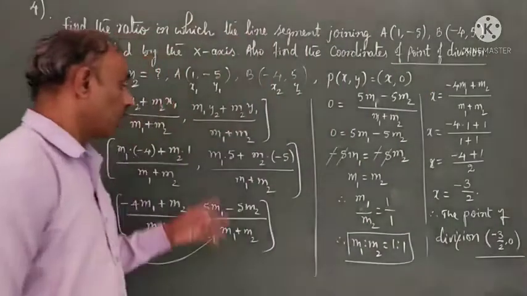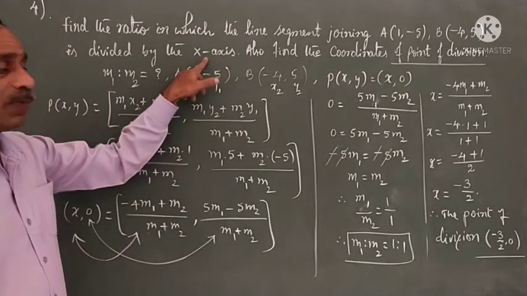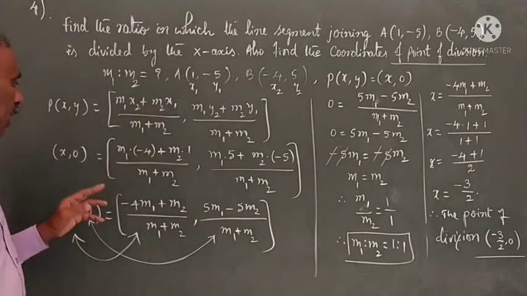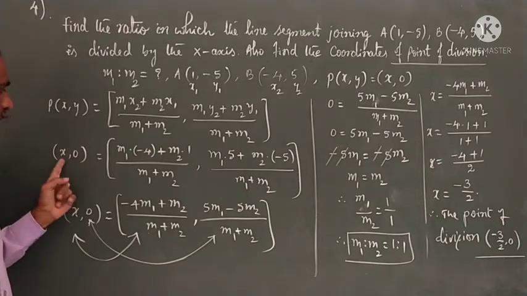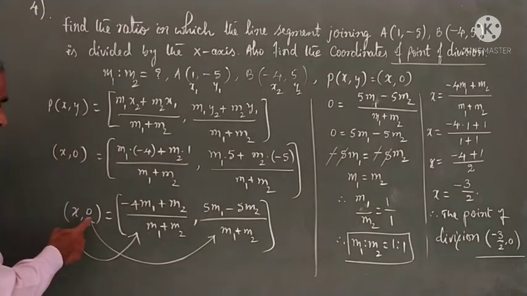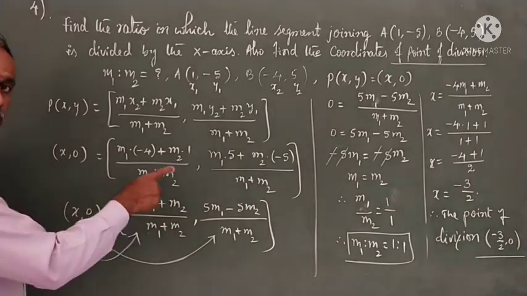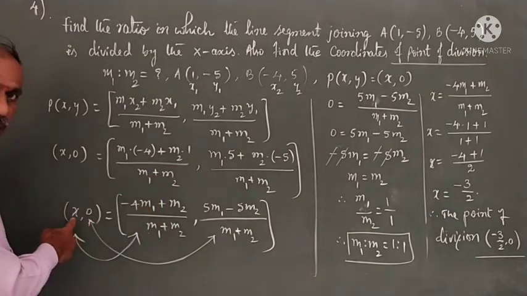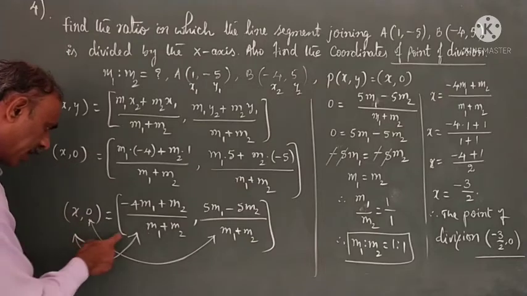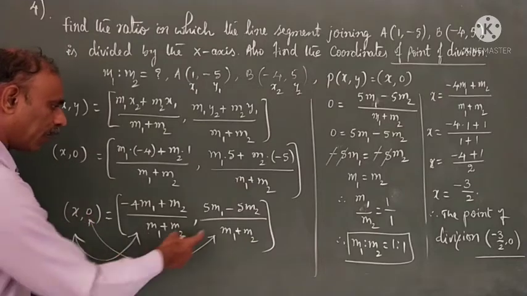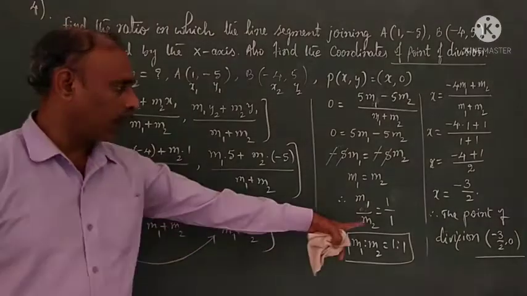Suppose, in place of the x-axis, they had given the y-axis; then the point becomes (0, y). So first we go with the 0 and the x coordinate, then we come back to the y coordinate to find the y value.